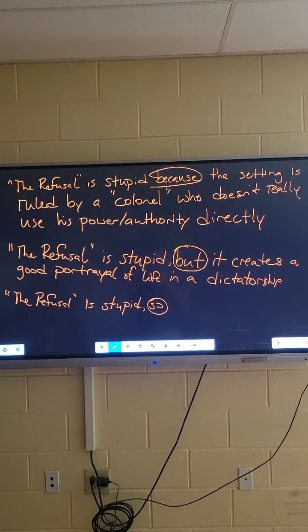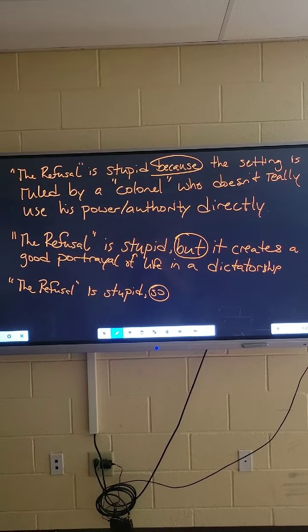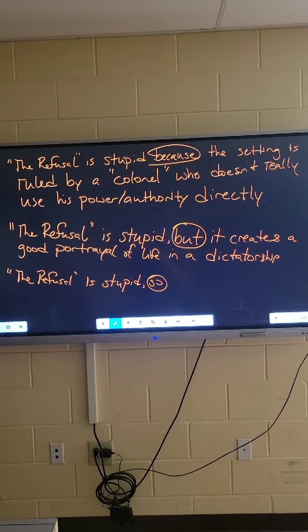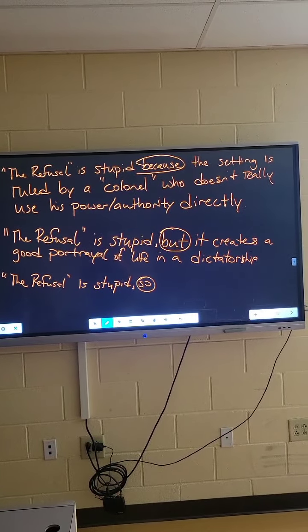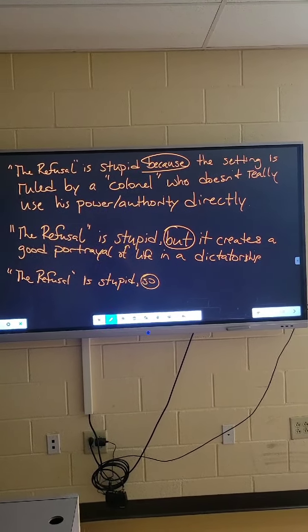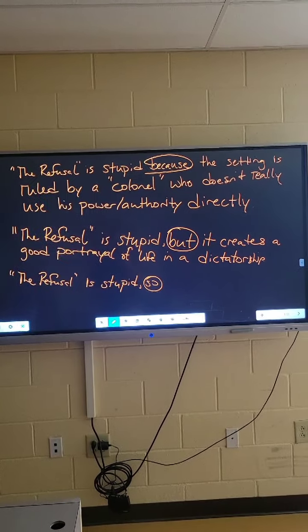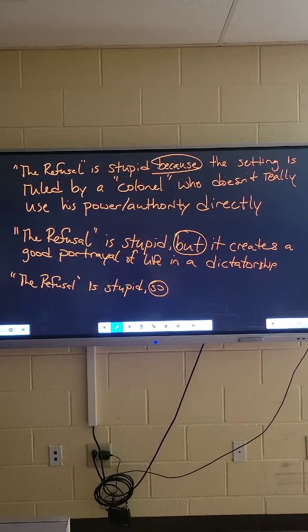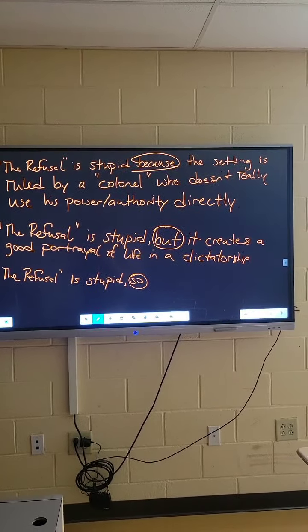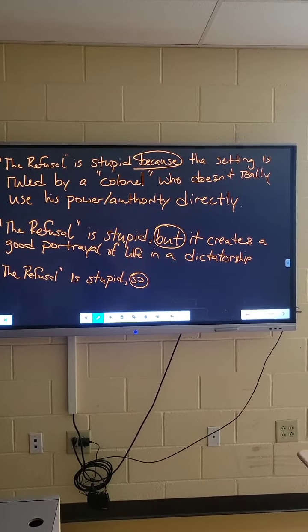Which the story does, and honestly, that is, in my estimation, the greatest point you can take away. It gives a very interesting portrayal of what it feels like to live in a dictatorship without coming out and saying, this is what life in a dictatorship is like. So we finally come to our final sentence, the refusal is stupid, so, and the bell rang.